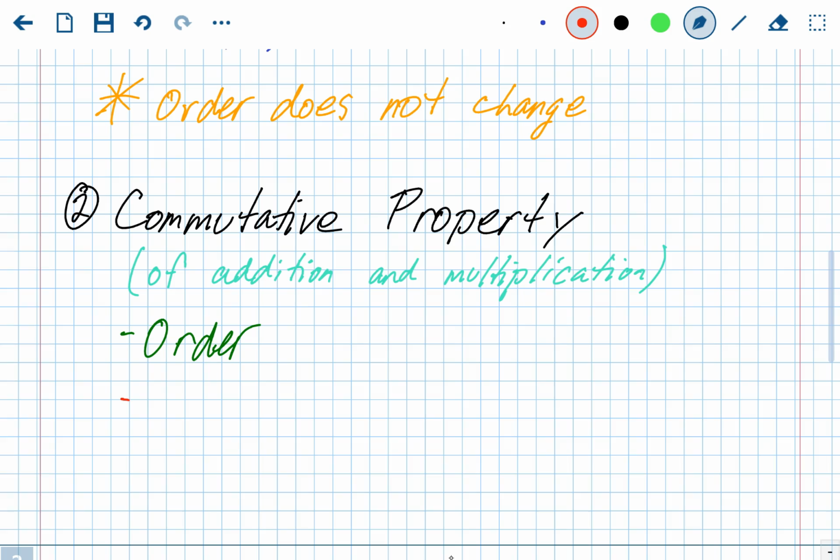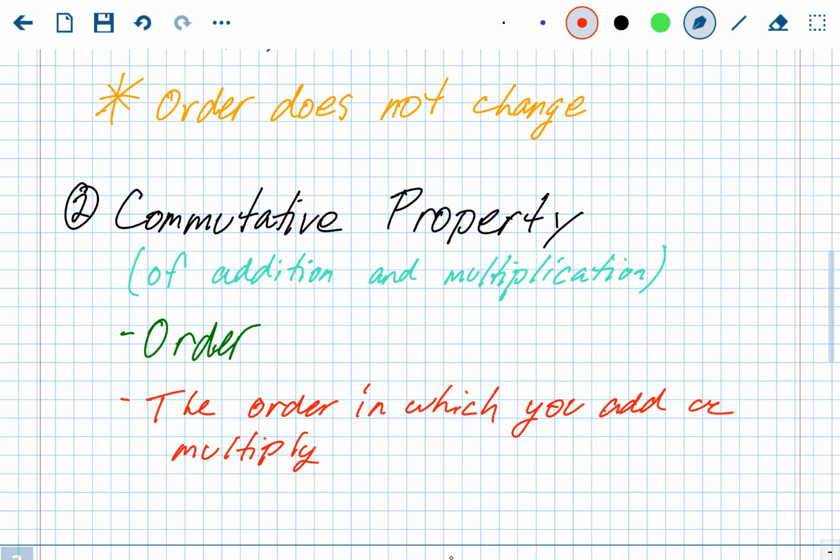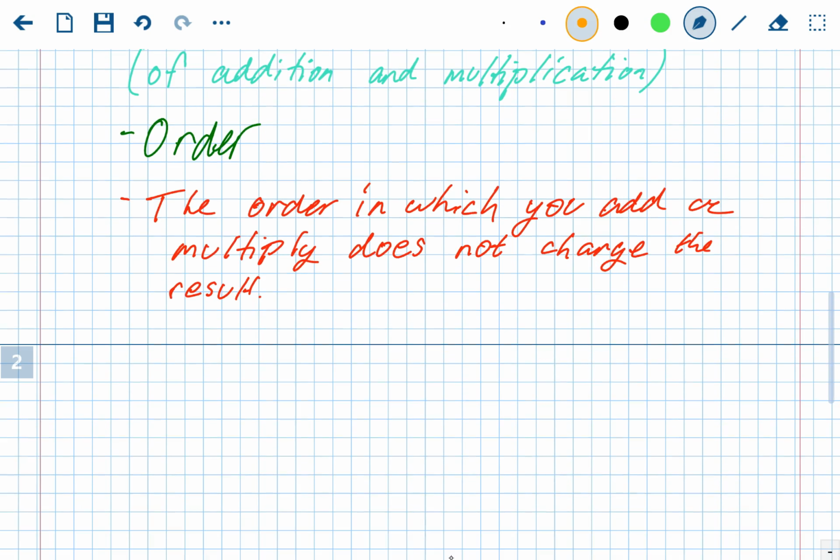So the order in which you multiply or add will not change the result. All right, now the key in this one is that the groupings do not change. So in the commutative property, the groupings don't change, but the order does. And then in the associative property, the groupings change, but the order does not.